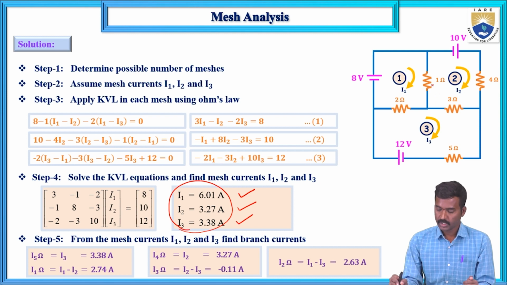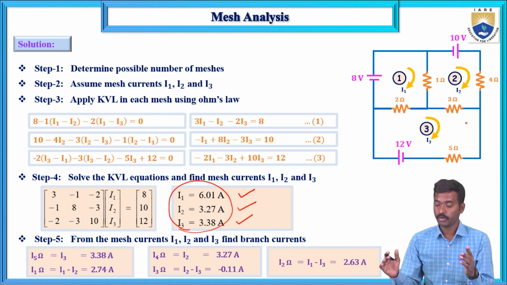The 1 ohm resistor current is I1 minus I2, from top to bottom, that equals 6.01 minus 3.27, which is 2.74. Next, I3 current is from right to left.